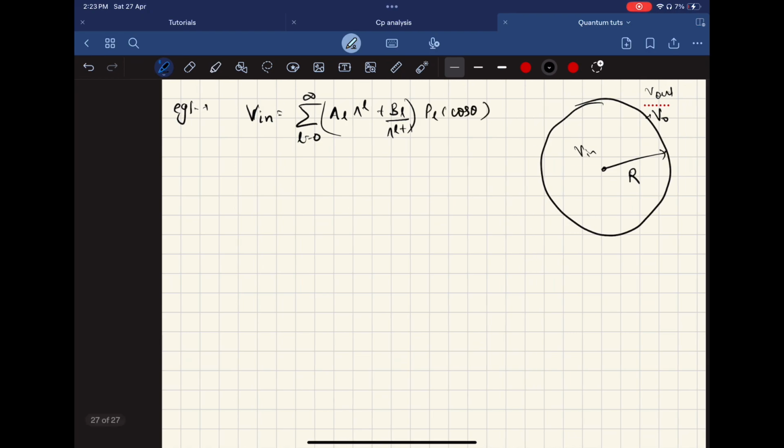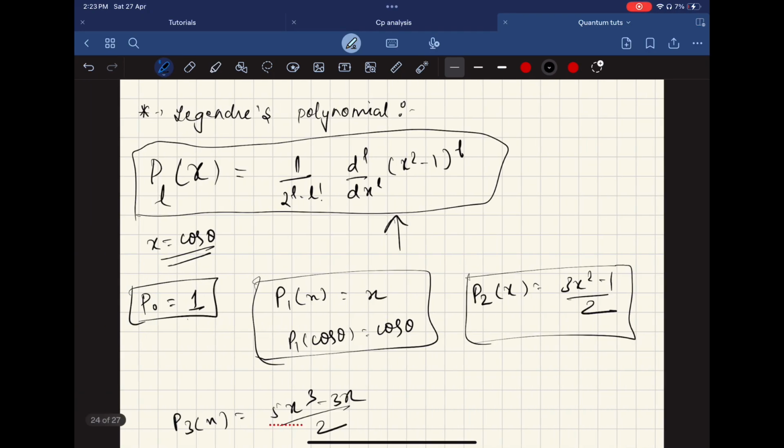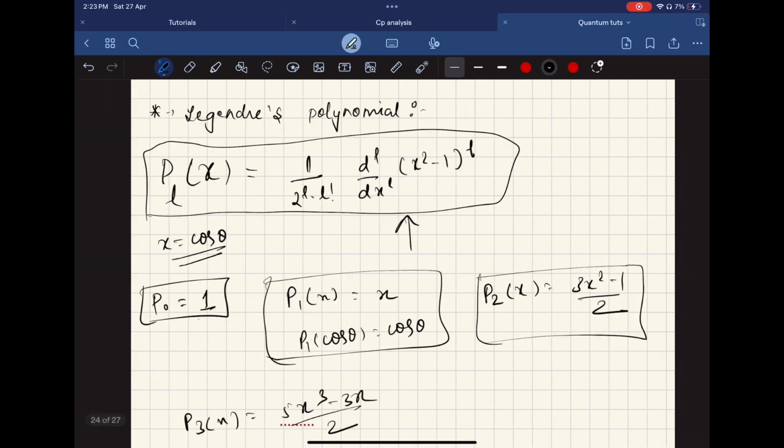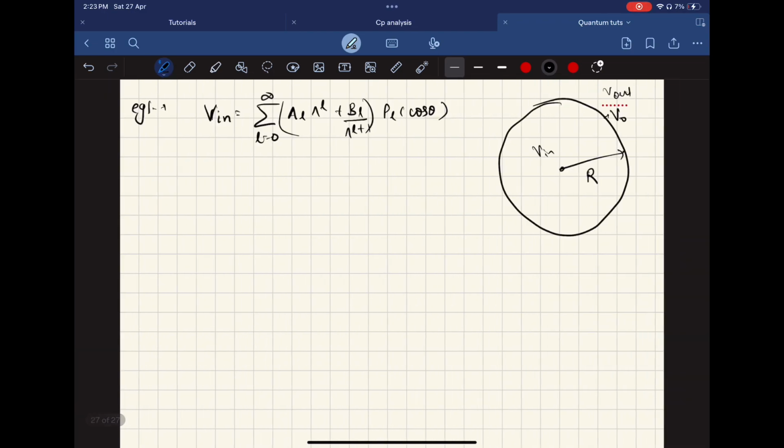We have derived this solution. Similarly, V outside equals the summation over L from 0 to infinity of (C_L r to the power L plus D_L over r to the power L plus 1) times P_L(cos theta).